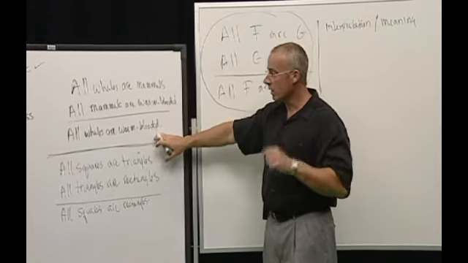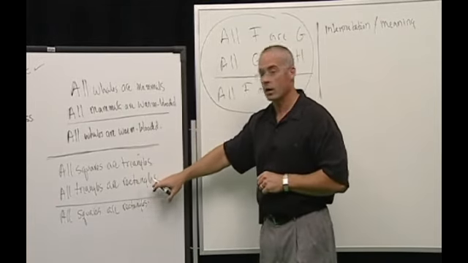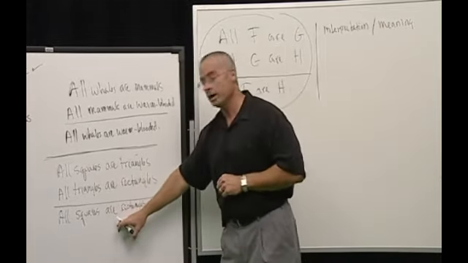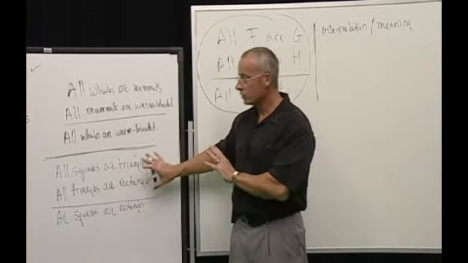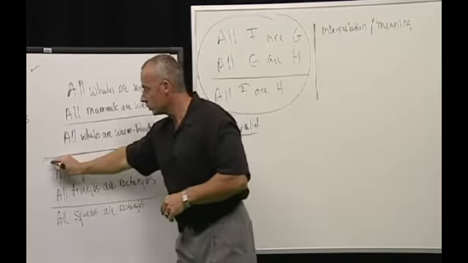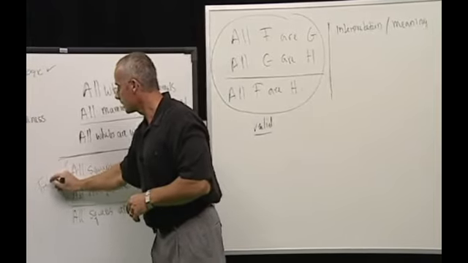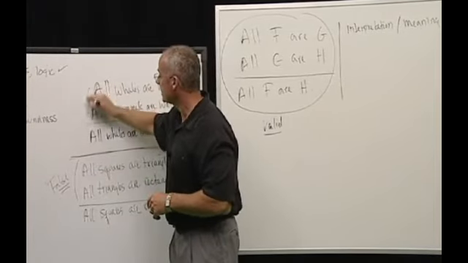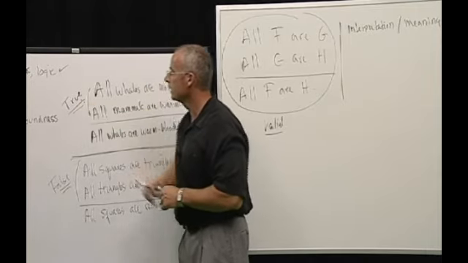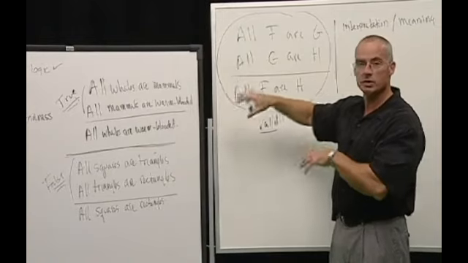Now, notice this as well. If all squares are triangles and all triangles are rectangles, it would have to follow logically that all squares are rectangles. The reason we reject this argument but accept that one is because in the real world, these claims are false, whereas these claims are true. Okay? All right, so that gives you a sense of structure versus meaning.